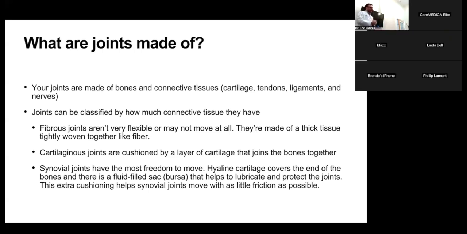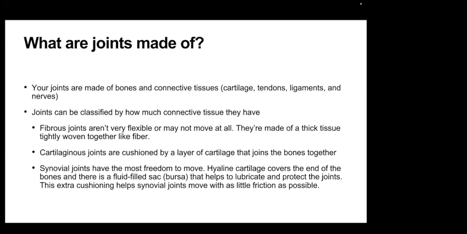Then there are the cartilaginous joints. That's essentially where they have a little bit more flexibility, a little bit more movement, but they're formed together with more cartilage as opposed to that fiber. The best example of that is where the ribs connect to the chest bone, the sternum.